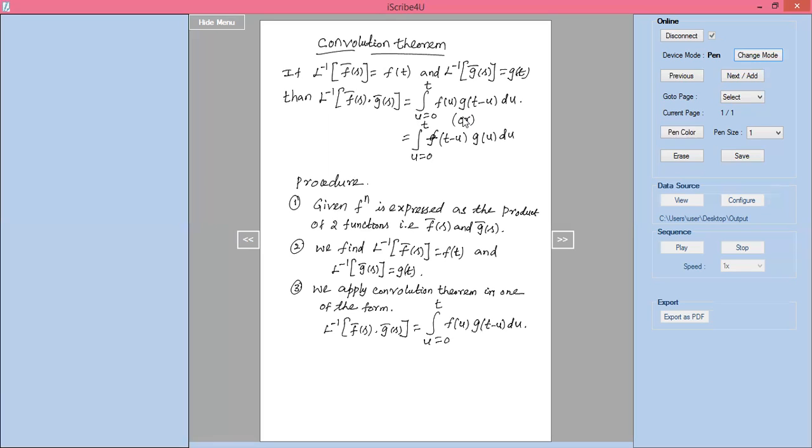Next, after this, we evaluate the convolution integral to obtain the required inverse.